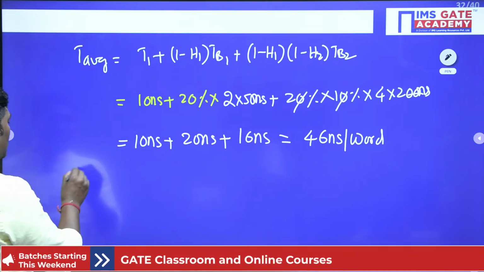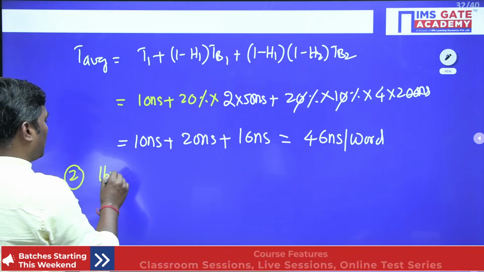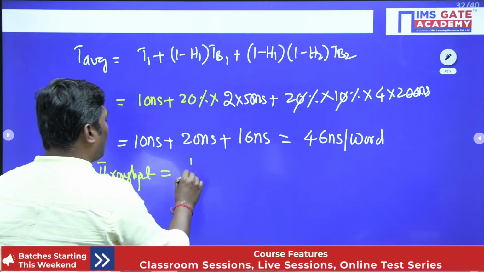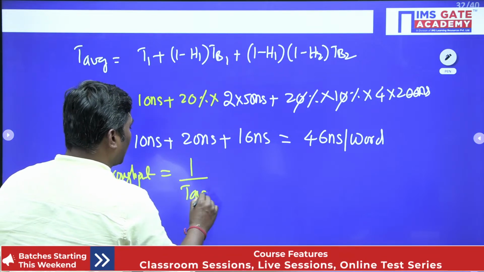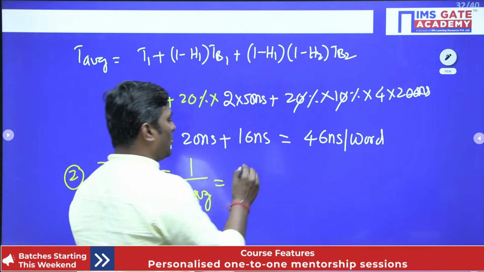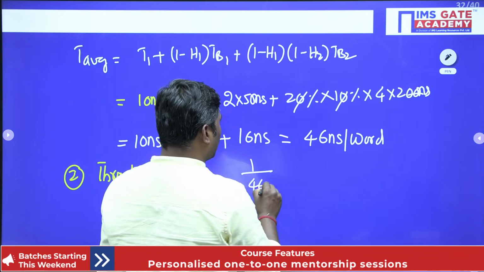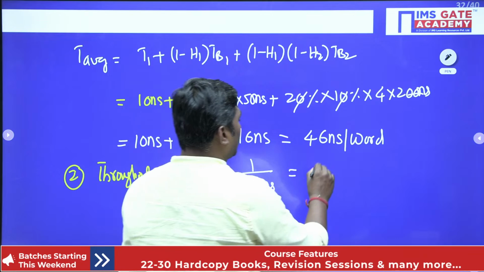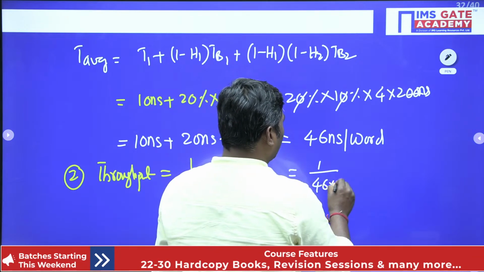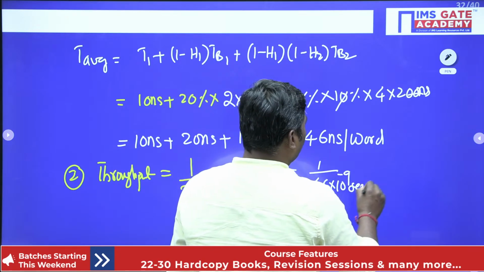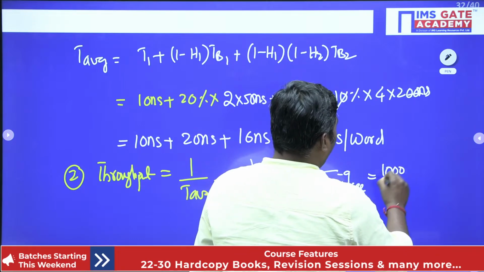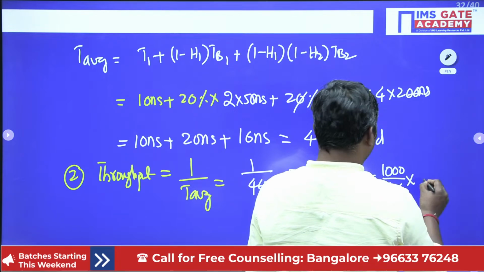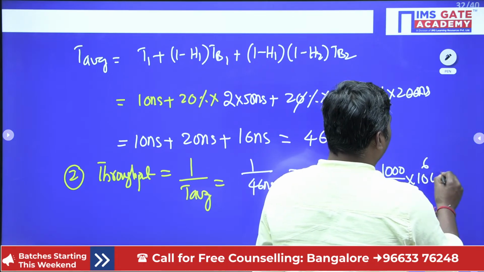So what is the second question? Throughput. Throughput equals 1 by the average access time. I can generalize, because we did the same thing before. So 1 by 46 nanoseconds, which I can write as 1 by 46 into 10 power of minus 9 seconds. This we can write as 1000 by 46 into 10 power of 6 words per second.